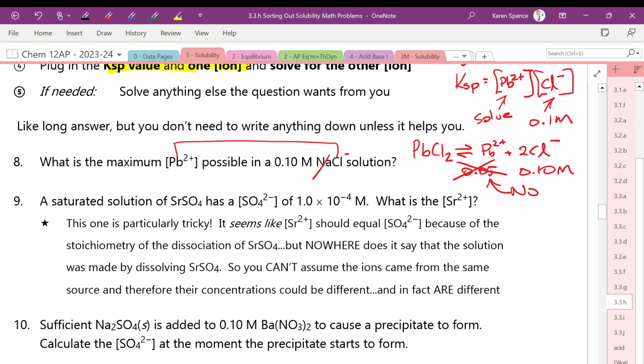You are given one ion concentration and asked for the other ion concentration. It has a KSP, therefore you have to go with using the KSP to solve.